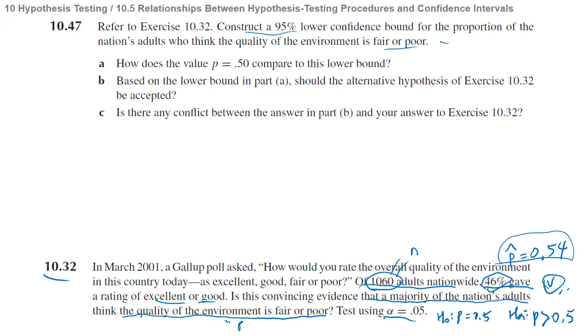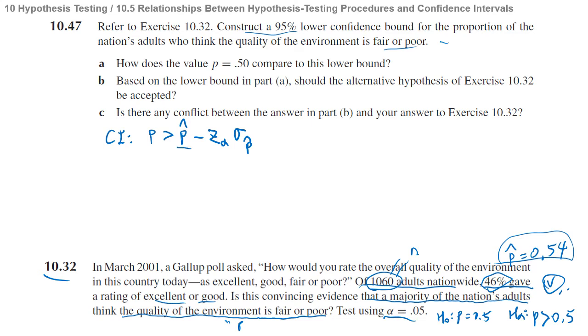So the equation for this one, the confidence interval, is that P is greater than P hat minus Z alpha times sigma P hat.